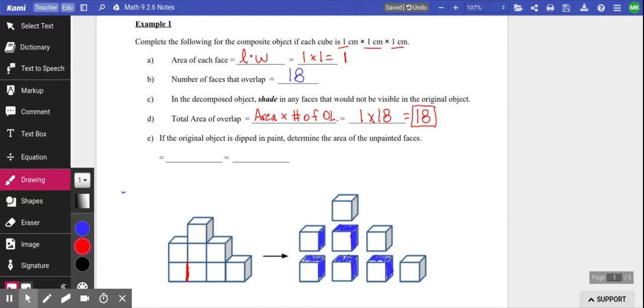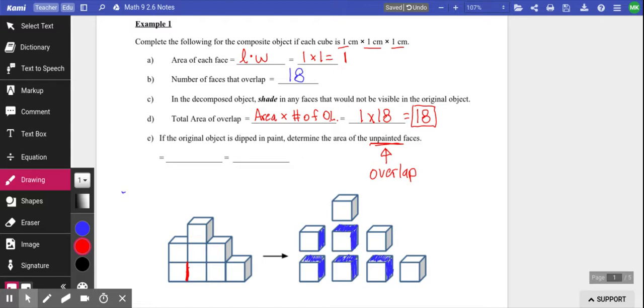Part E. Part E says if the original object is dipped in paint, determine the area of the unpainted faces. We actually already did that. The unpainted faces, that's the overlap. So when you get to actual test questions, it's pretty rare that they call things the overlap area, right?